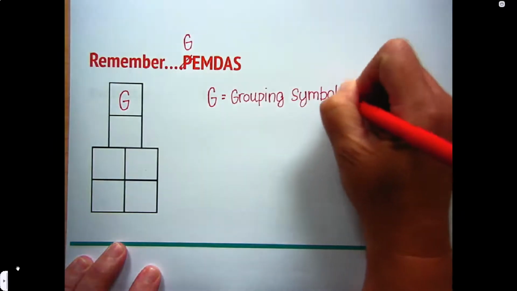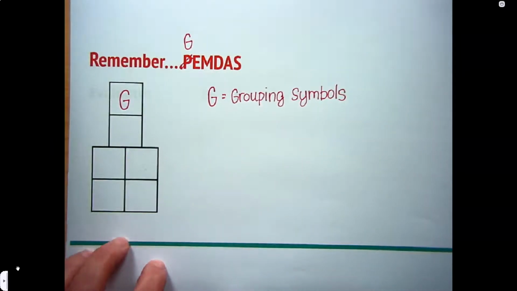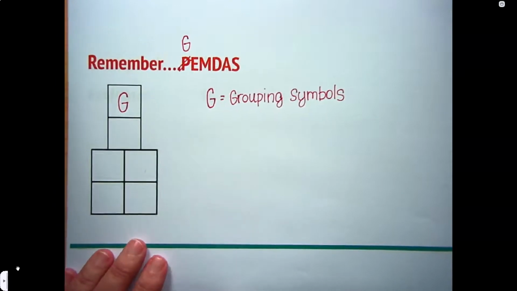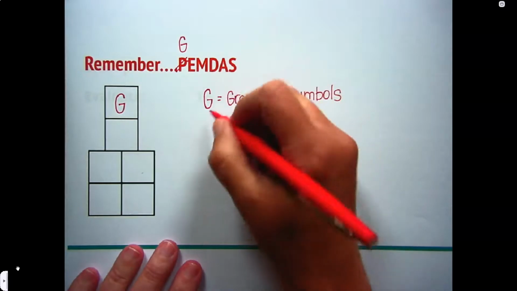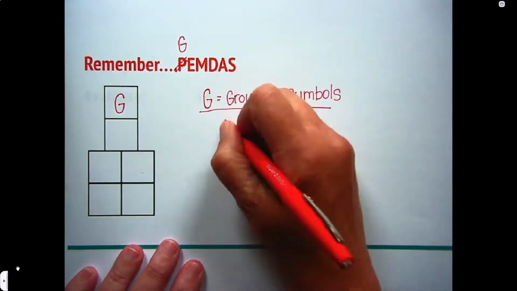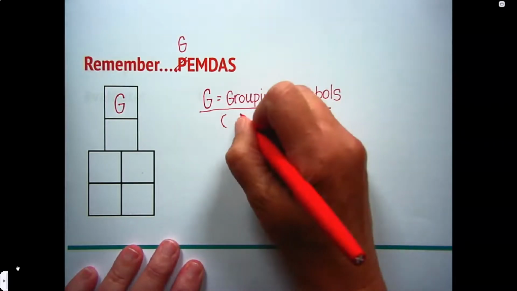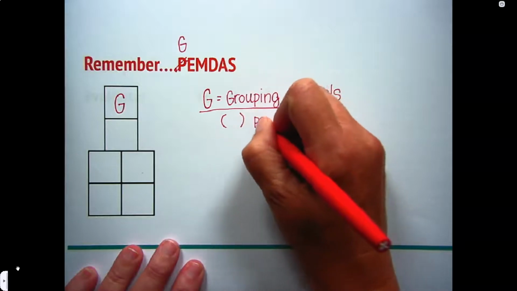And parentheses are definitely a type of grouping symbol, but they're not the only type. So under this idea of grouping symbols, we could have our parentheses.